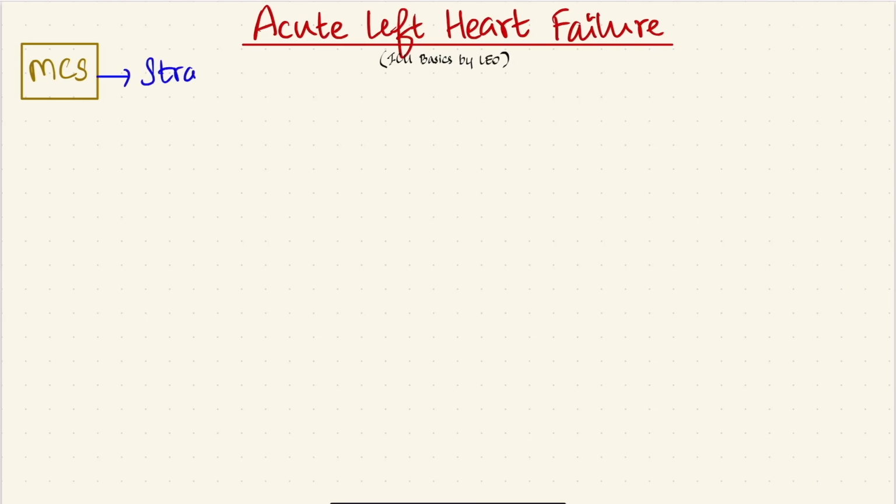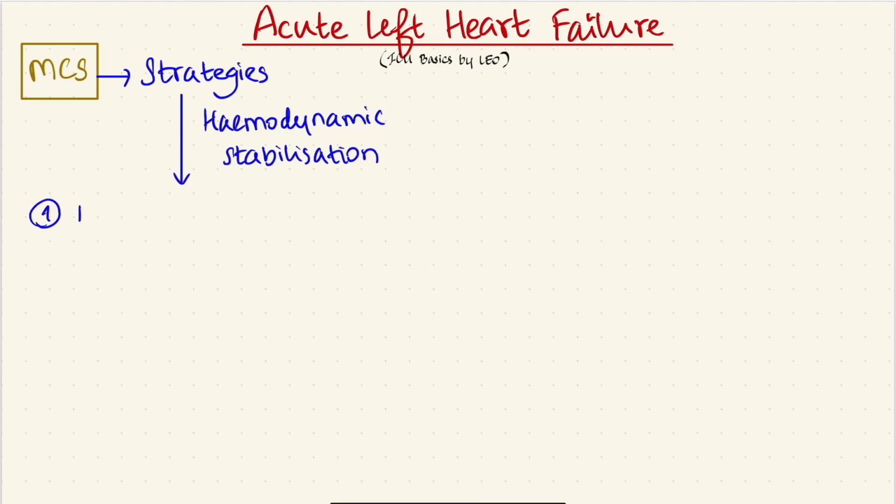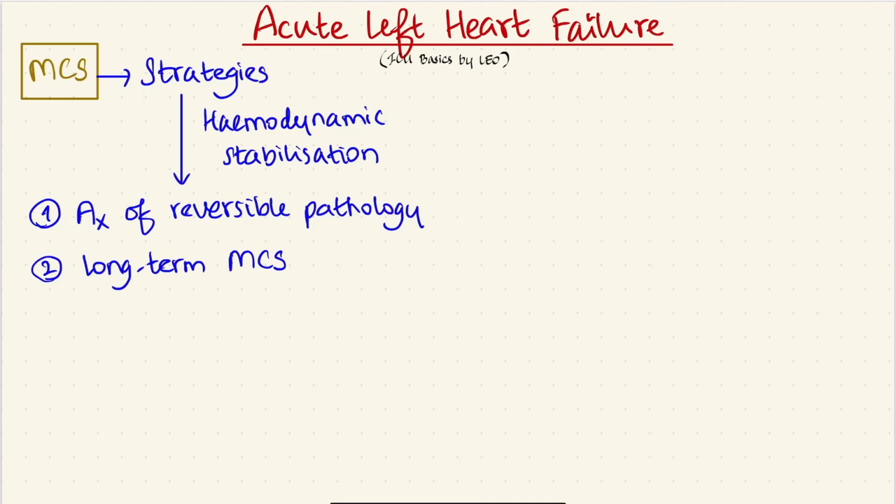There are four main strategies to use mechanical circulatory support. For hemodynamic stabilization of the patients while assessing the reversibility of organ failure and the suitability for long-term mechanical circulatory support or heart transplant. For hemodynamic stabilization of the patients who are appropriate for long-term mechanical circulatory support.